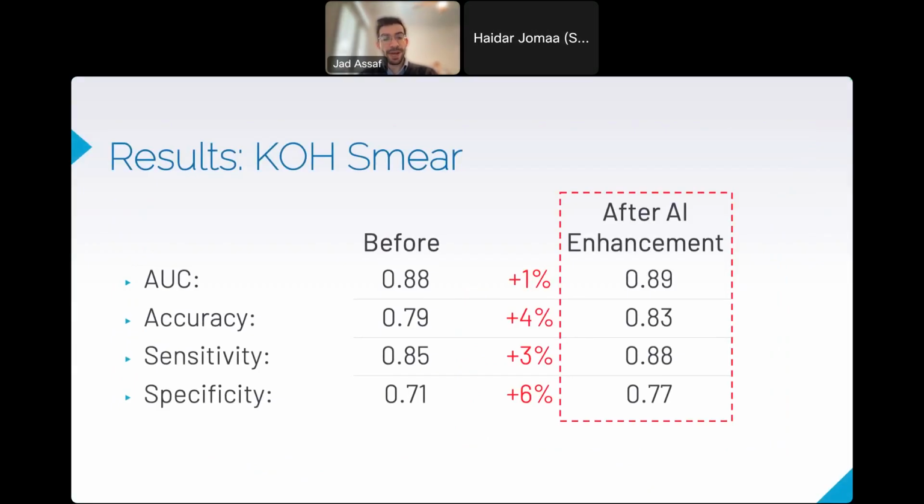And then we retrained the same data set with the same labels on the same model. After our enhancement with the diffusion model, we obtained an accuracy boost of 4% and a specificity boost of 6%. The training was much more stable. We achieved this result within one trial without any parameter tuning.